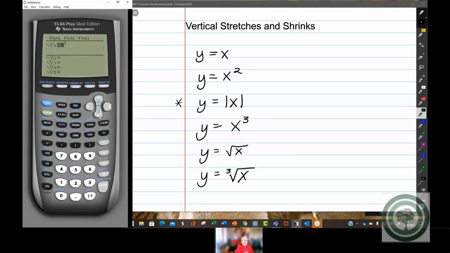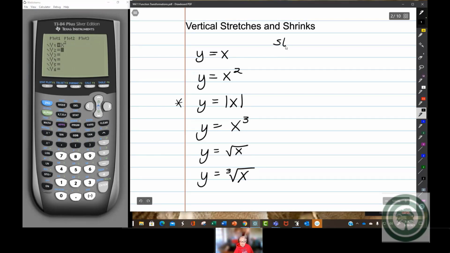And how I do it is this. However much I want to stretch it, let's make it 3. Now I'm going to write this the way your book often does. Stretch by factor of 3, okay?